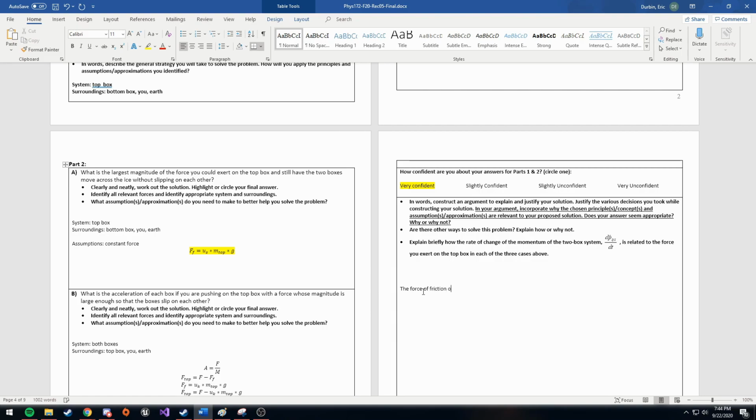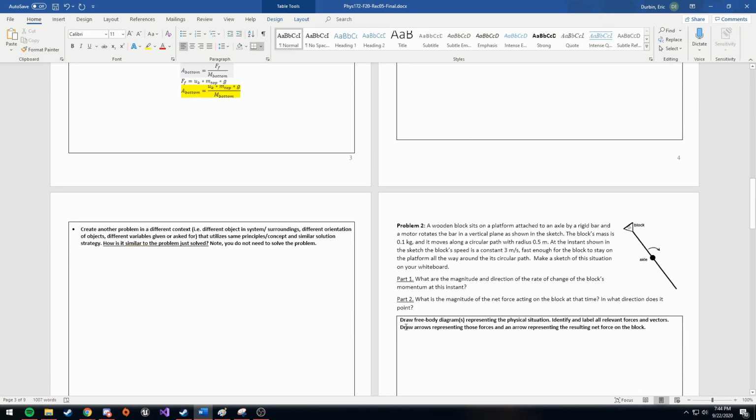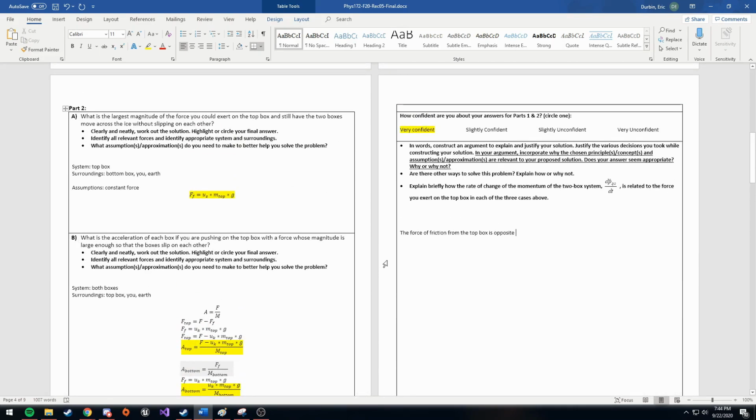Okay, so we use the equations for magnitude, or the equations. Wait, what are you on? Friction. No, I'm on the justify your solution and construct an argument part. So we use the equations for friction to solve for the forces, and then we use Newton's second law, F equals ma.